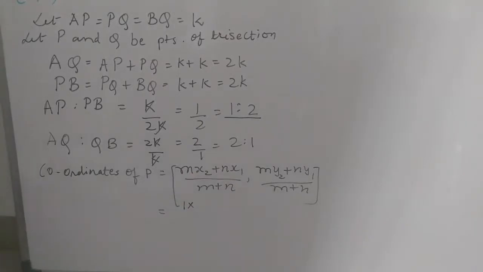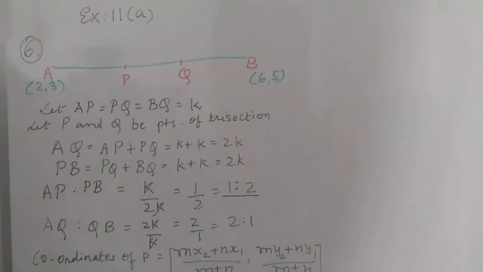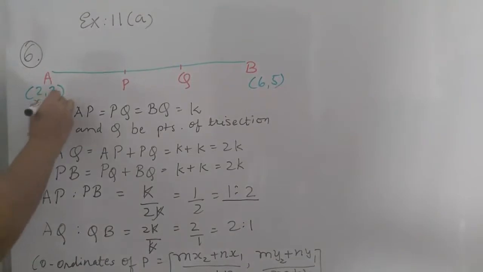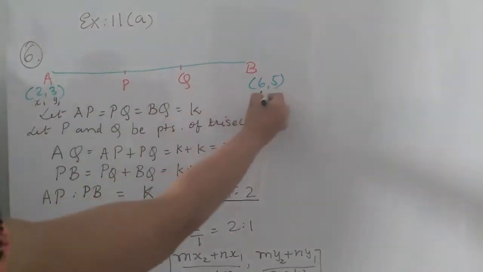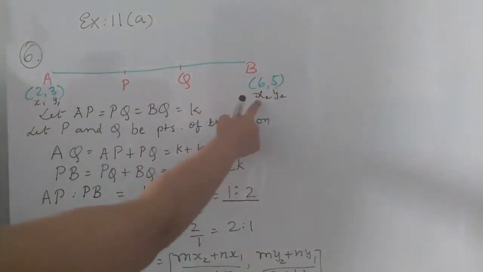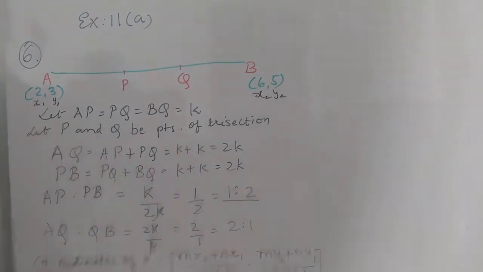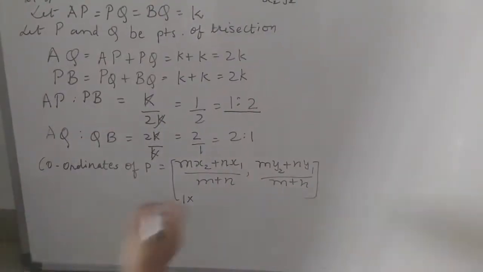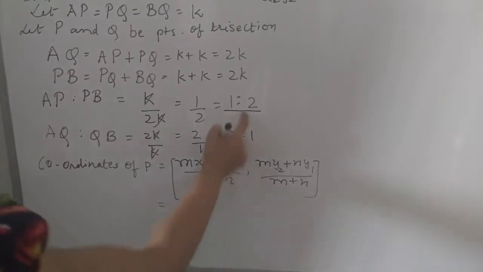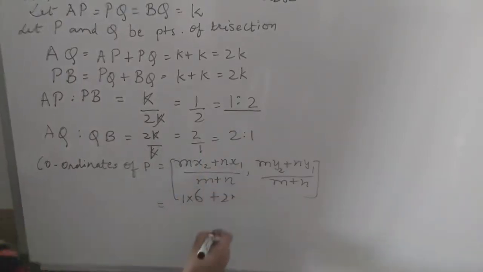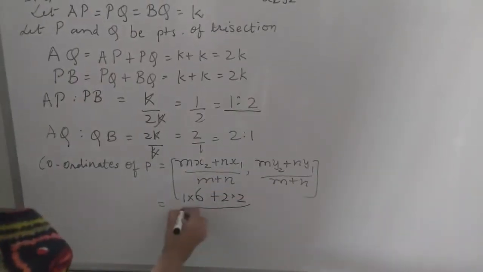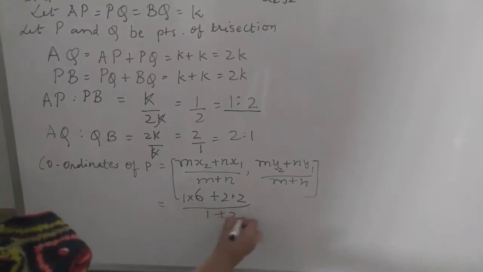Now again I'll show you the figure. This is x1, y1, and this is x2, y2. So what is the x2 value? 6. So I substitute here x2 as 6, plus n is 2, x1 is 2, divided by 1 plus 2.